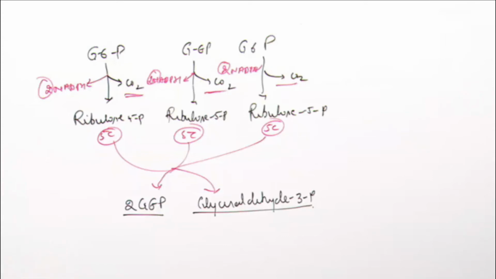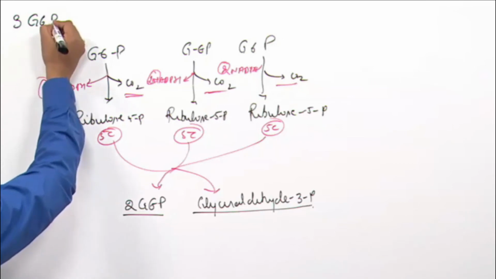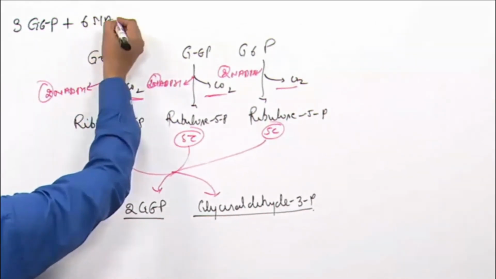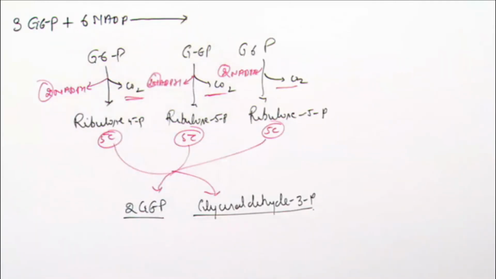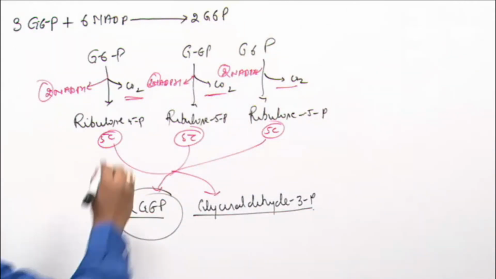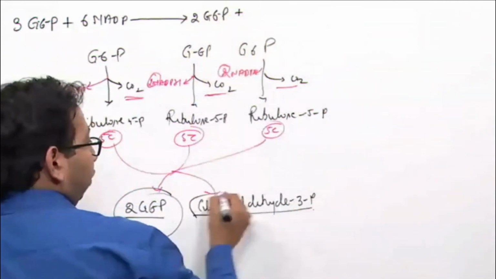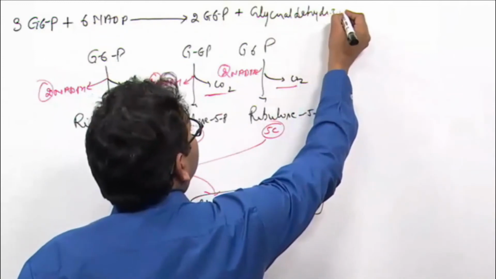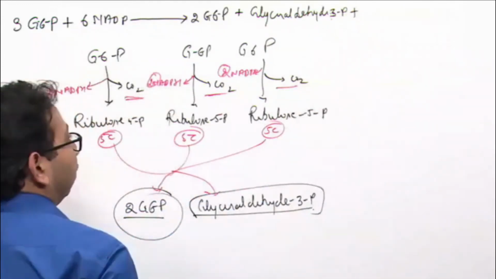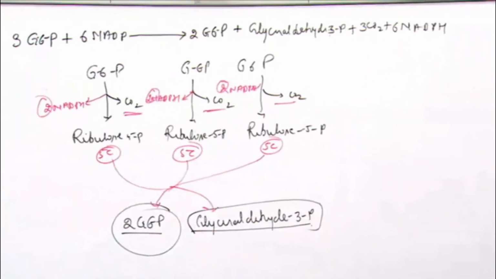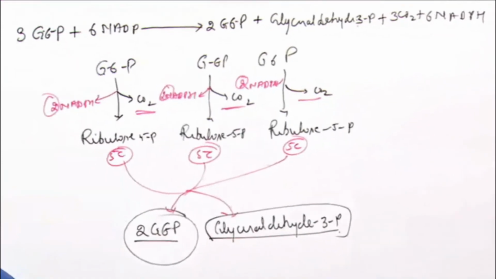So you can write overall reaction like this: 3 molecules of glucose 6-phosphate enter HMP shunt, 6 NADP, 2 molecules of glucose 6-phosphate produced, yes, 1 molecule of glyceraldehyde 3-phosphate, plus 3 CO2 plus 6 NADPH.